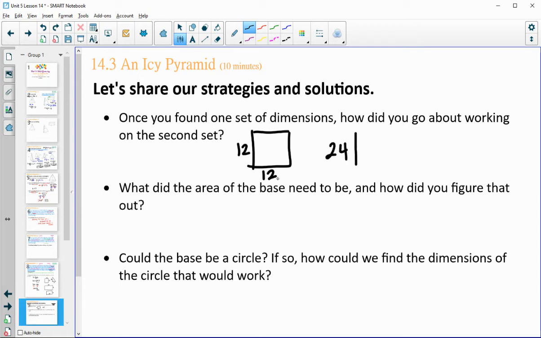And when you double that one, then you have to divide this one by 2 to stay the same. So double the height and then do half the width so that they still multiply to 144. So that's one way you could have done it. You could have kept going back to the base area, which we knew was 144 by working backwards.